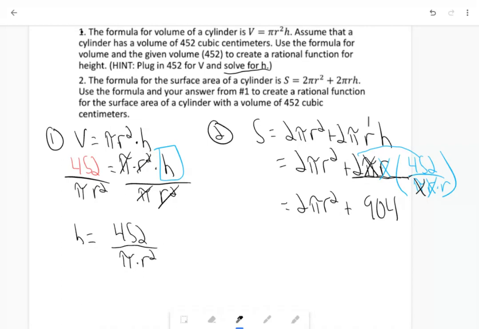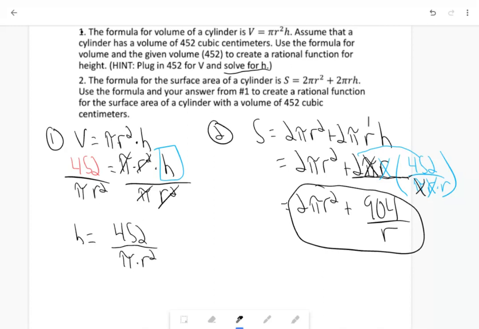And what do I have left in the denominator? I have just r left. So my rational function, and again, this is a rational function because it has a polynomial in the numerator and the denominator, for surface area is 2 pi r squared plus 904 over r.